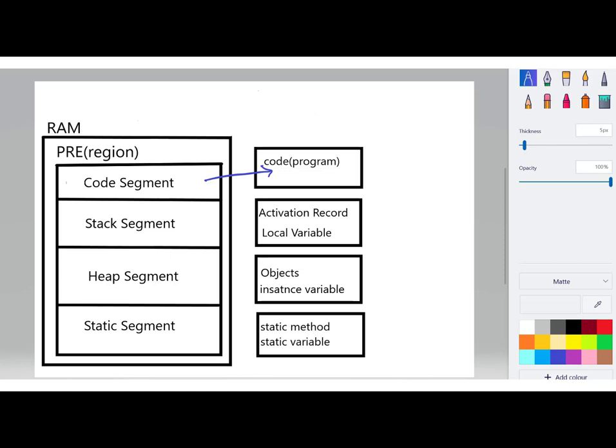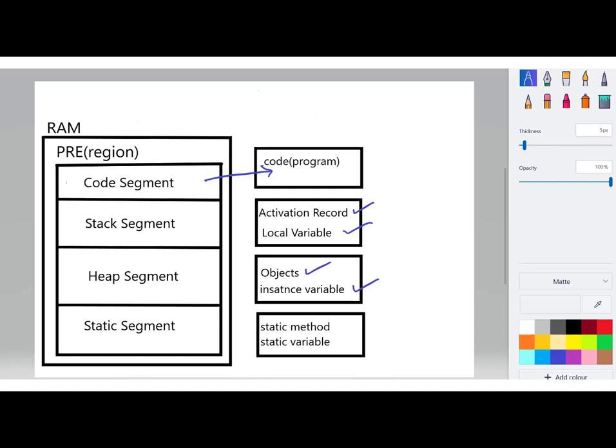Then comes the stack segment. In the stack segment we have activation records and local variables. Then the heap segment. In the heap segment, all objects are present, and instance variables are also present. Last is the static segment.